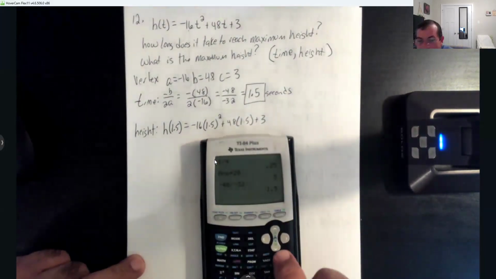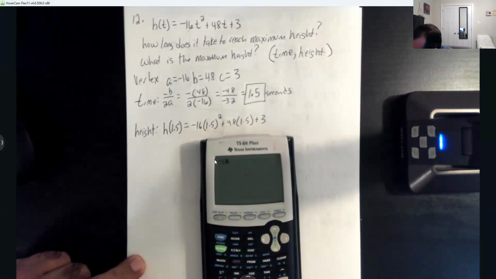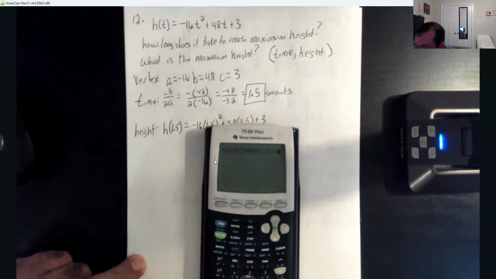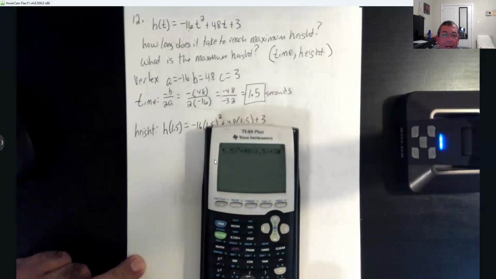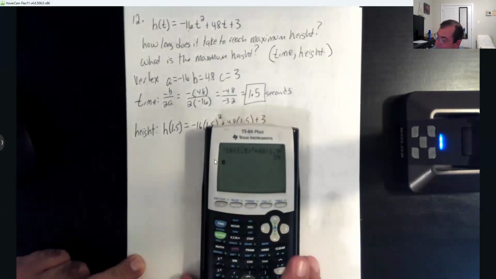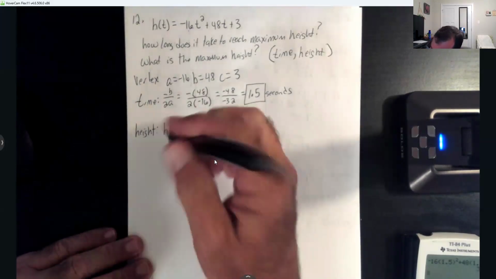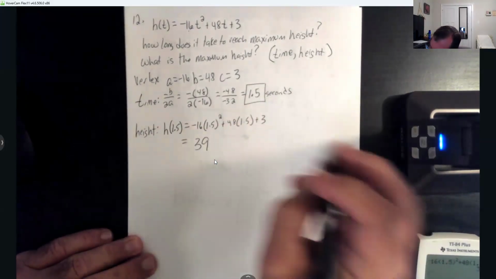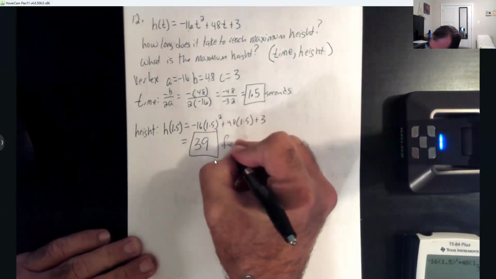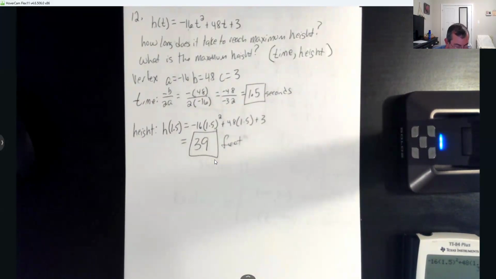I plug that in: -16 times my t, which is 1.5, close parentheses, square that, plus 48 times 1.5, close parentheses, and then plus 3. We hit enter and get our height of 39 feet. In MathLab, you put the 39 and they'll have the feet out to the side. So that's the trick on that rocket.